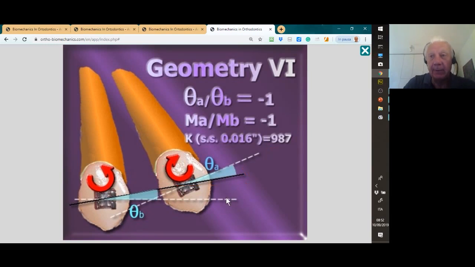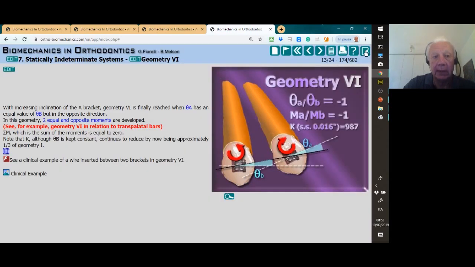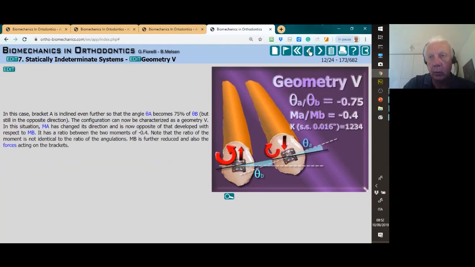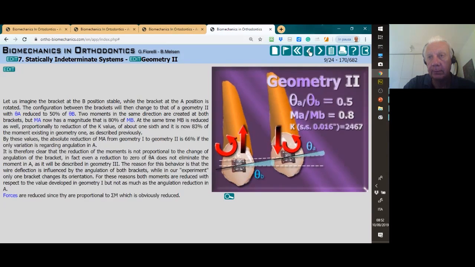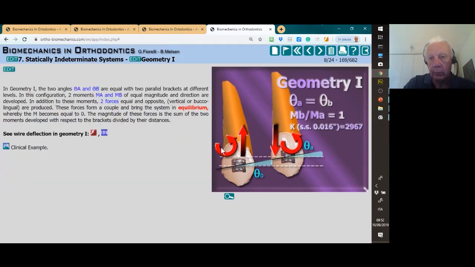Now let's give a very quick look to the geometries in a sequence so that you have an idea of what is changing again. This will be very, very quick. I go back to geometry 1 from the beginning. So geometry 1, two equal angles and two equal moments.